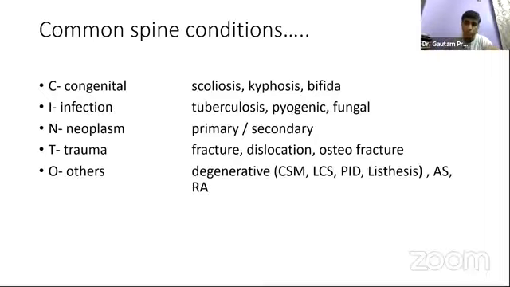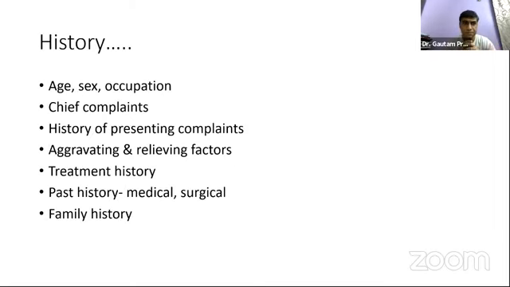Infection: it can be tubercular, pyogenic, or fungal. Neoplasm: primary or metastasis. Trauma: fracture, dislocation, or osteoporotic fracture. And others like degenerative, like cervical or thoracic myelopathy, lumbar canal stenosis, disc disease or listhesis, and inflammatory like rheumatoid arthritis and ankylosing spondylitis.